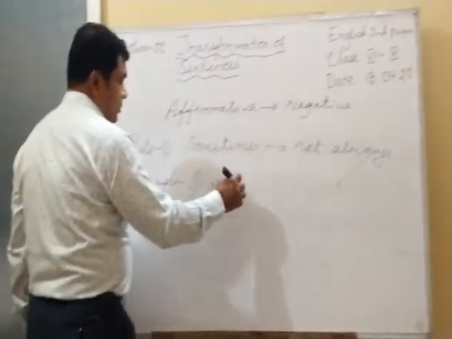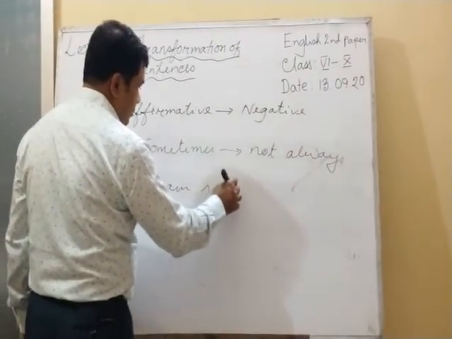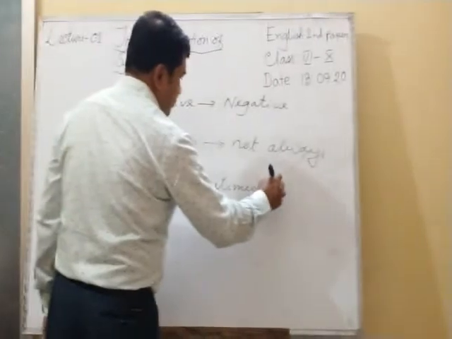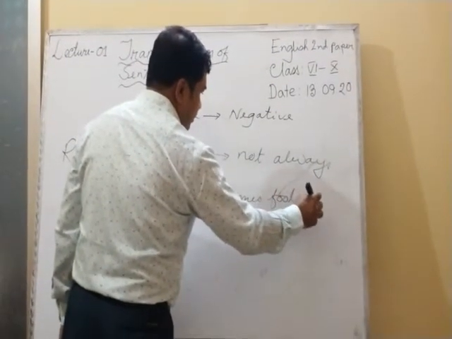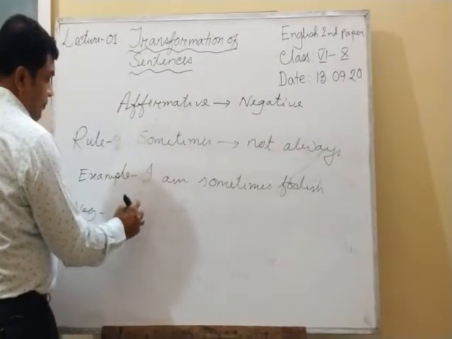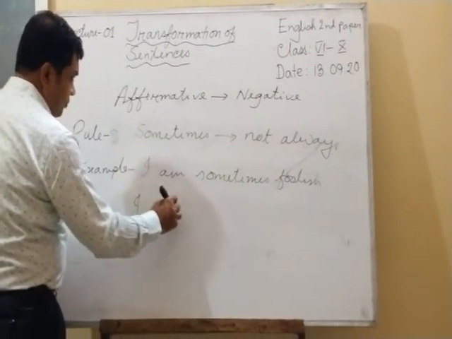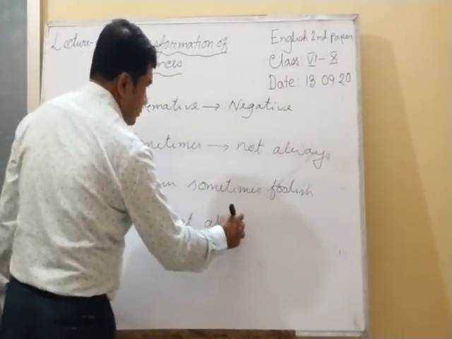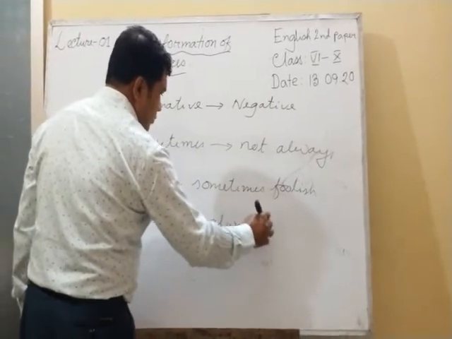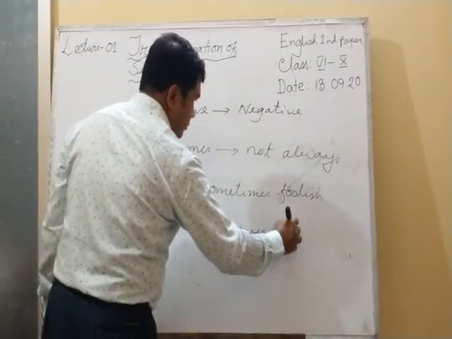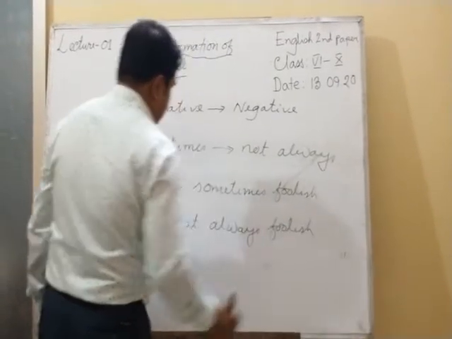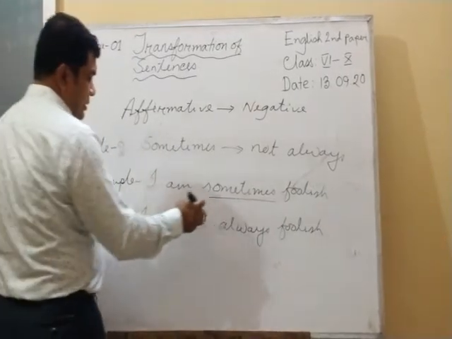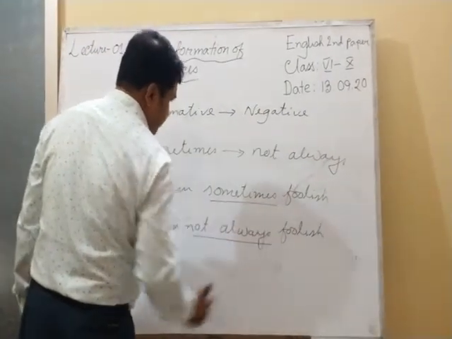I am sometimes foolish. Negative: I am not always foolish. Look, we have replaced "sometimes" by using "not always".